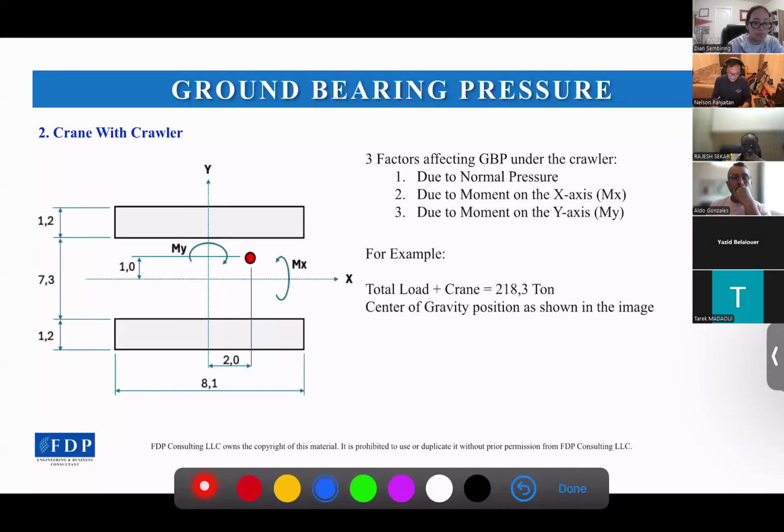Now, for example, we have the crane COG as shown by the red dot here, and it has an offset to the y-axis of about 2 meters and to the x-axis of about 1 meter. The total weight of the crane and load to lift is 218.3 tons. Now we need to calculate the ground bearing pressure for this.